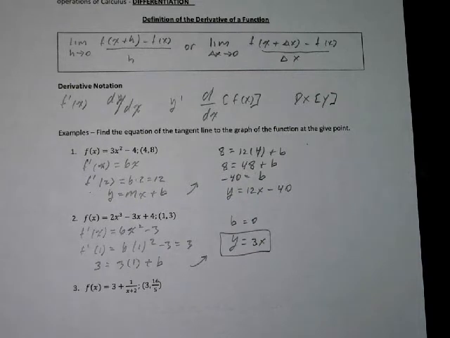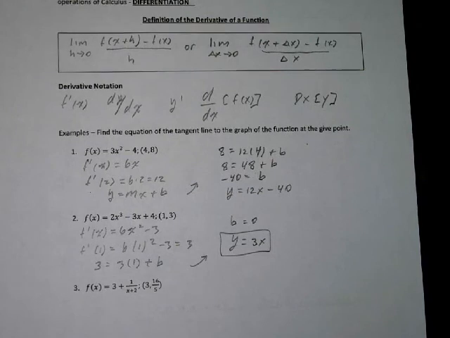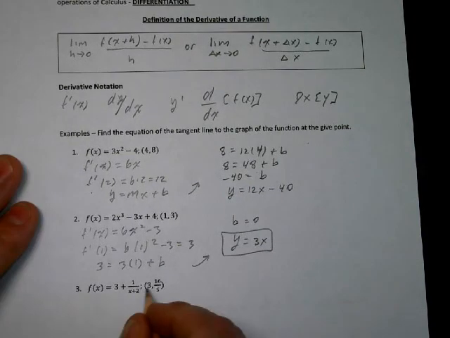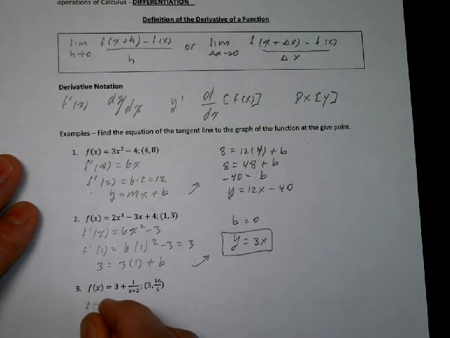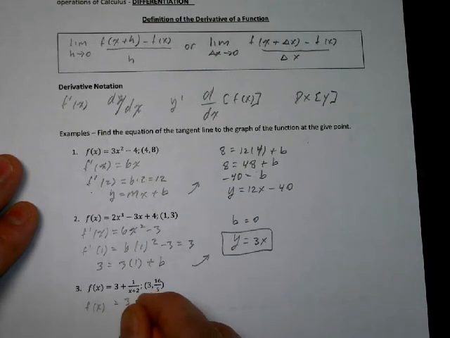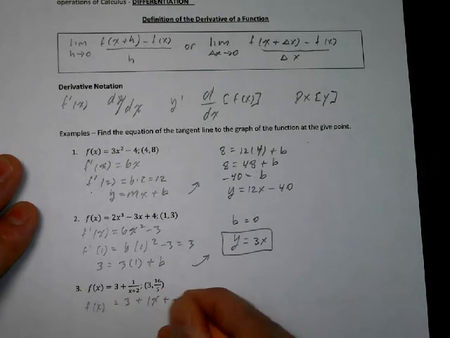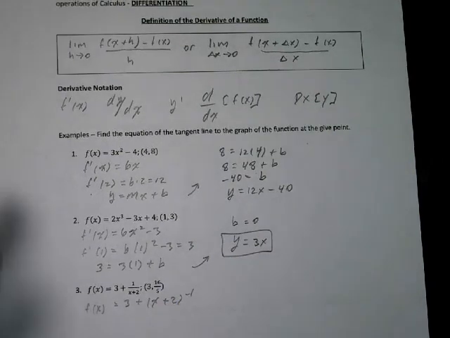Now we have this function f of x equals 3 plus 1 over x plus 2. So the first thing I'm going to do is rewrite this as f of x equals 3 plus (x plus 2) to the negative first power.